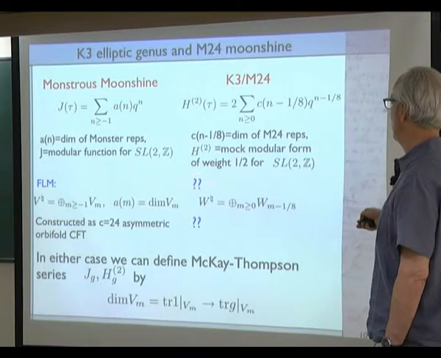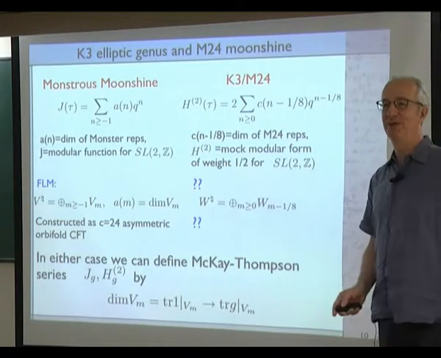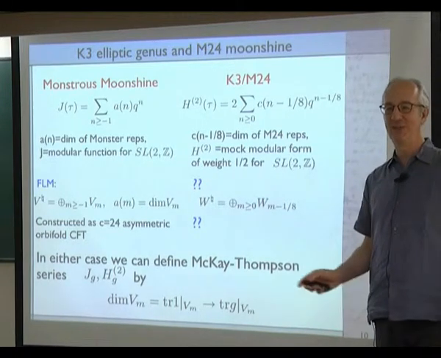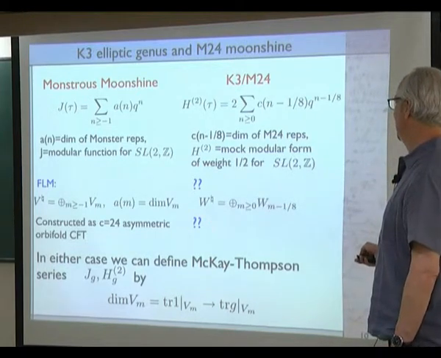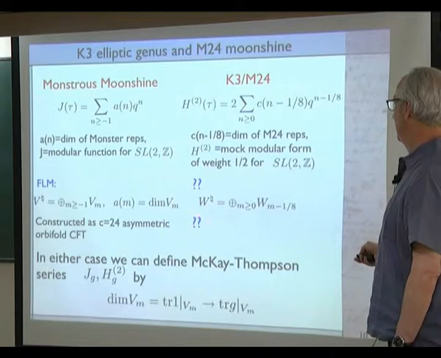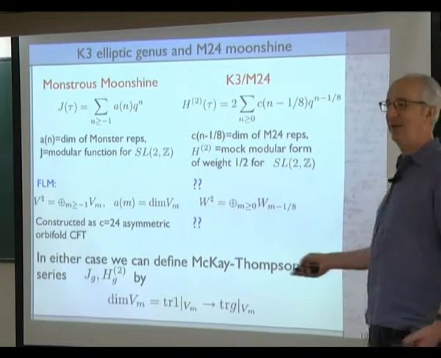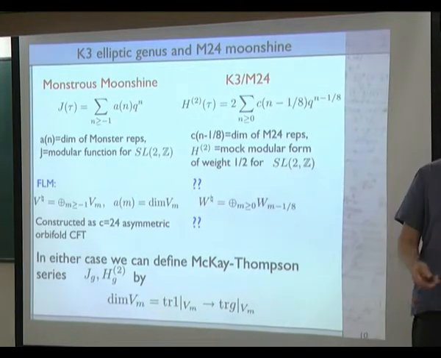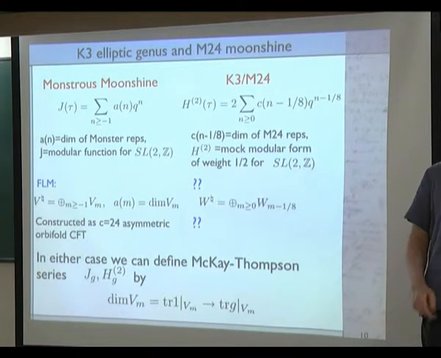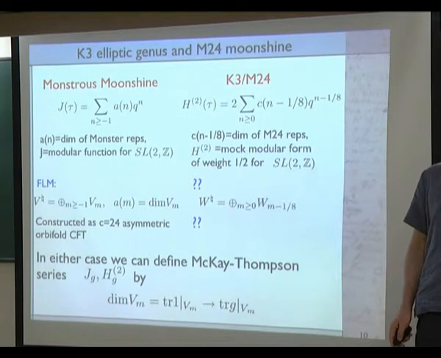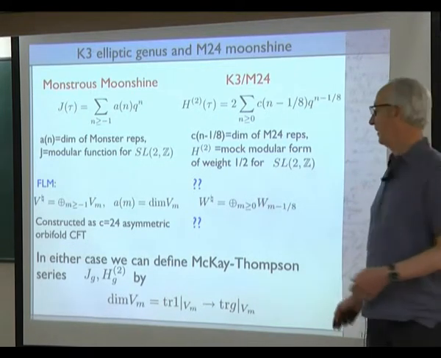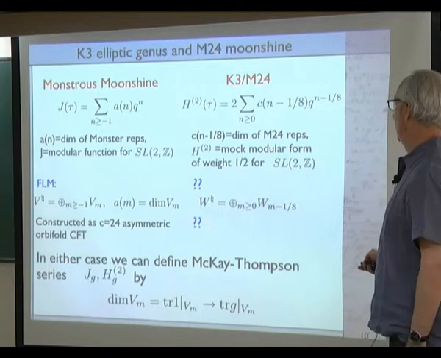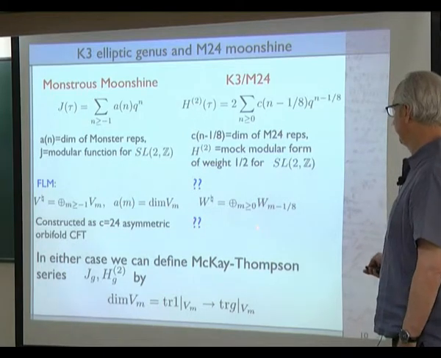But we don't know who the analog of Frenkel, Lepowsky and Meurman are, because this has not been constructed yet, and we don't know whether it involves a conformal field theory construction. Although, as I will try to say later on in the discussion period, and I think will also come up in some of the talks, there's overwhelming evidence that some kind of conformal field theory structure is going on here, but we don't know exactly what it is.